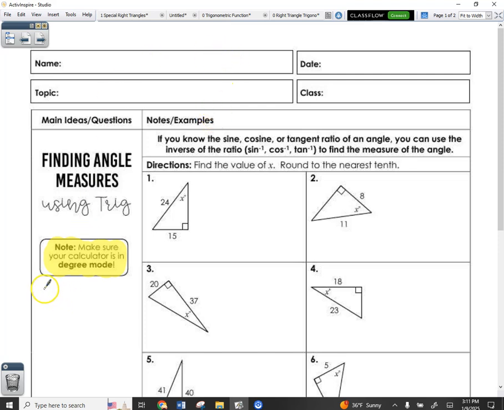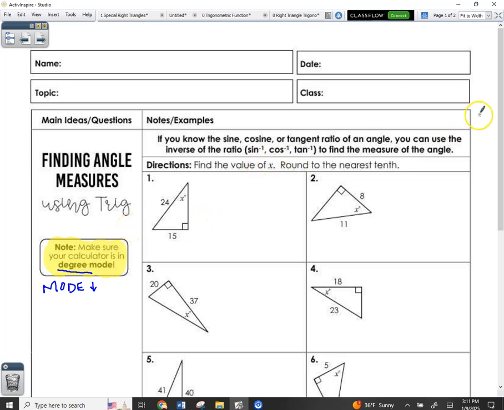So what you're going to do is hit mode on your calculator and then just arrow down and hit enter over the word degree. You want to be in degree mode. Then once you are, just hit clear and come out of it.